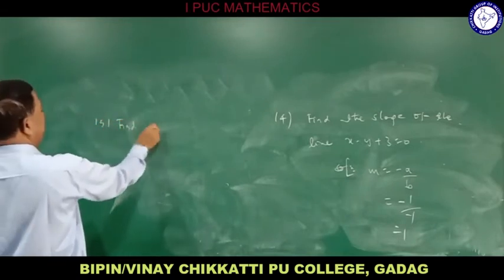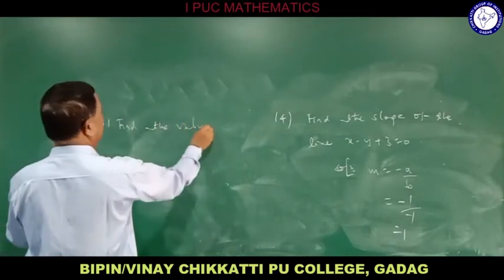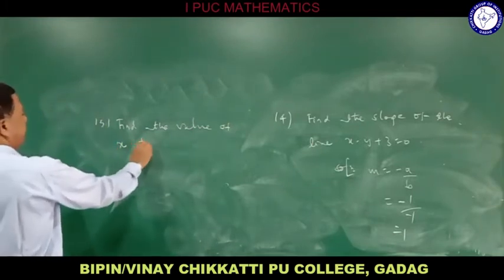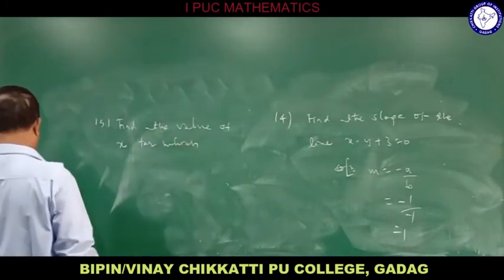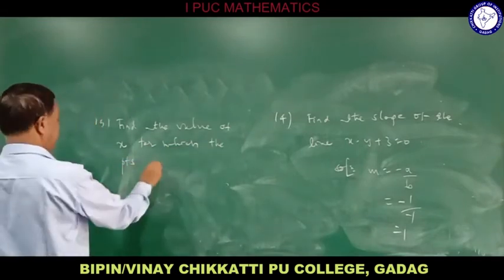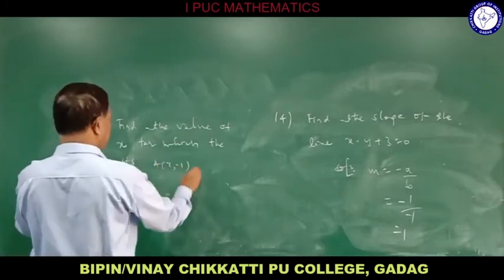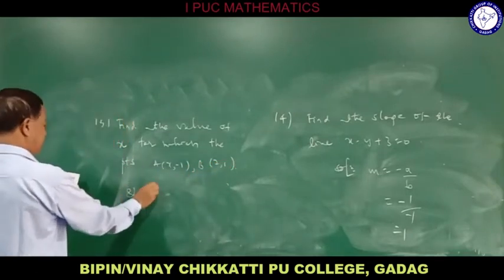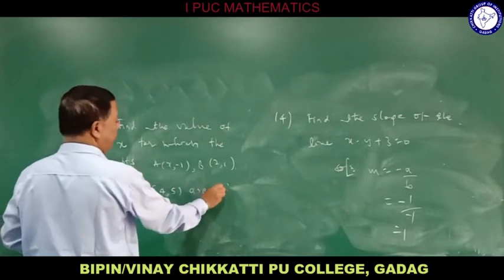Find the value of x for which the points A(x, minus 1), B(2, 1) and C(4, 5) are collinear.